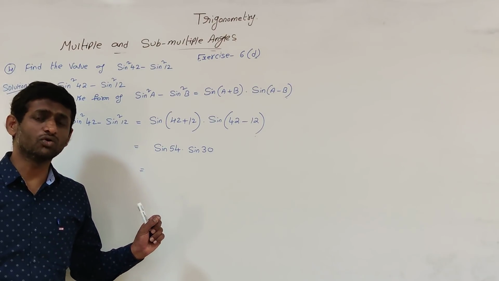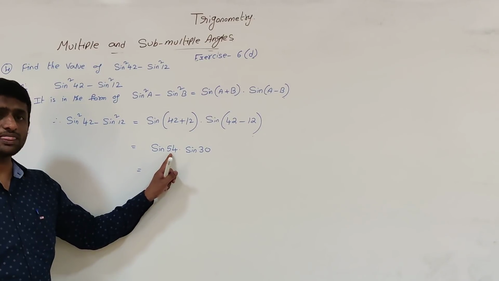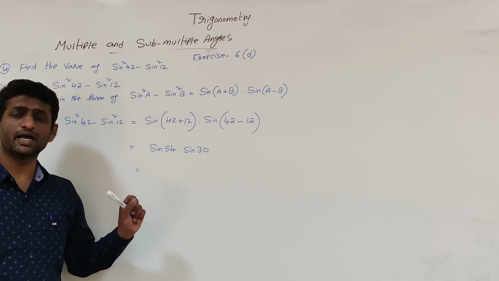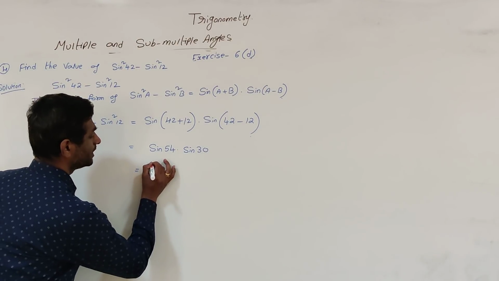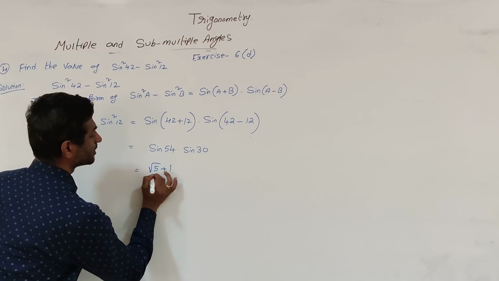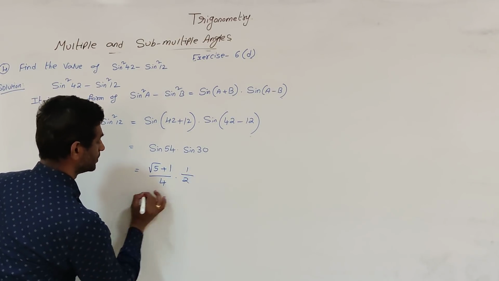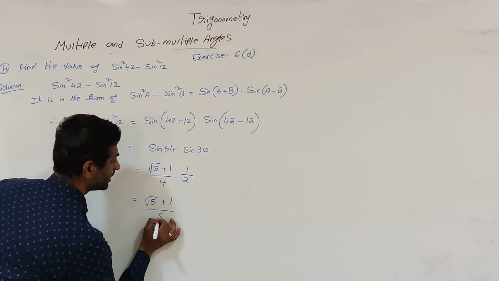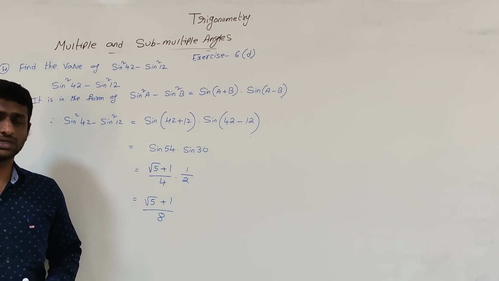It is equal to cos 36 because the complementary is 36. So sin 54 is the same as cos 36, and we have seen that cos 36 is root 5 plus 1 by 4, into sin 30, which is 1 by 2. So that gives root 5 plus 1 by 8. So that is the value of sin square 42 minus sin square 12. Next problem.